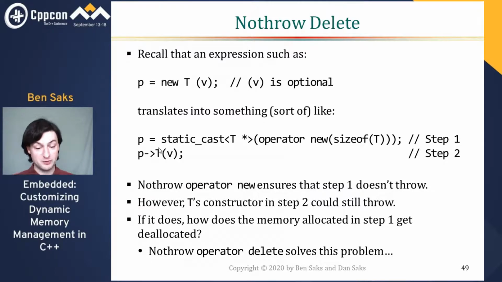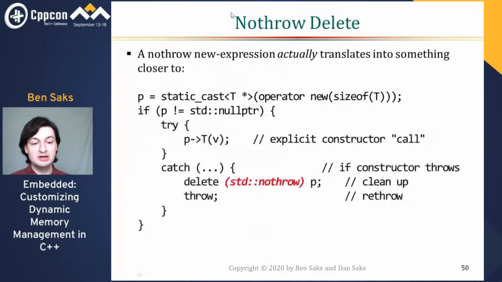This is what the no-throw operator delete is designed to solve. So a no-throw new expression, if you really look into it, would translate into something that looked like this. First, call operator new. Check to see if we got back a null pointer. If so, the allocation failed. We're done. Otherwise, go ahead, try and call the constructor on that object.